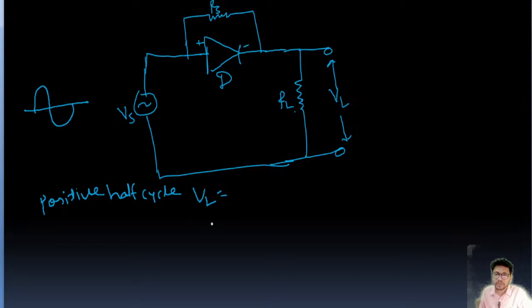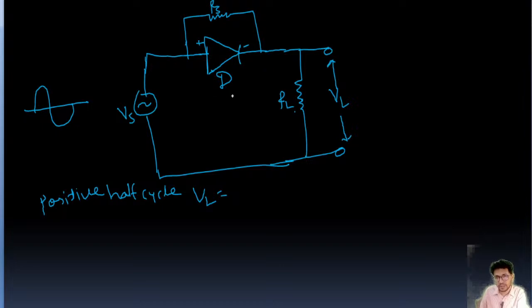So for positive half cycle, Vs voltage will pass through this, right? If we make a figure here for positive half cycle, it is going to be like this, and this will just work as a wire.